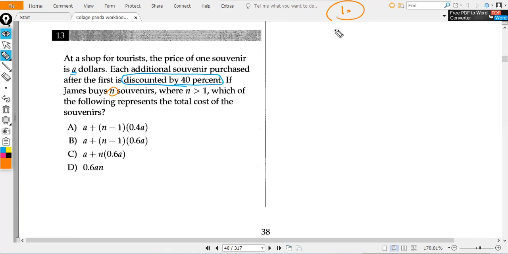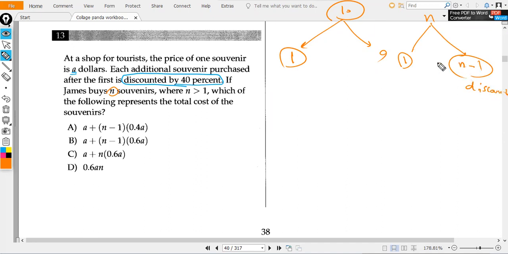No. Just 9 of them will be discounted, right? Because the first one will be without discount. So if we replace this with n, the first one is without discount, and the remaining n minus 1 are with discount.